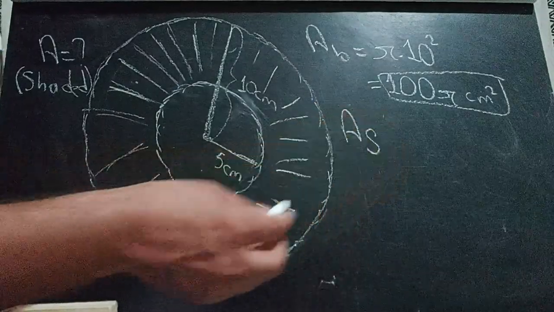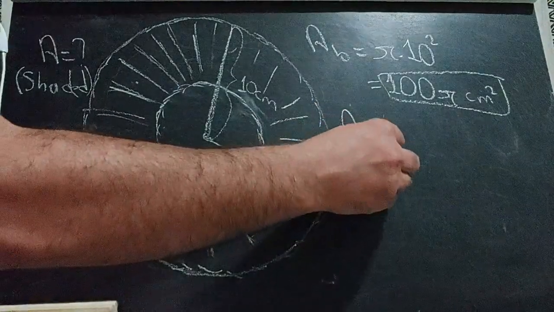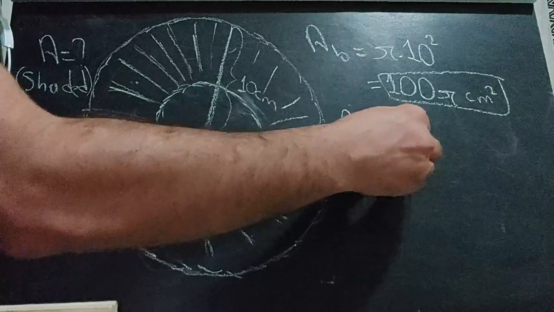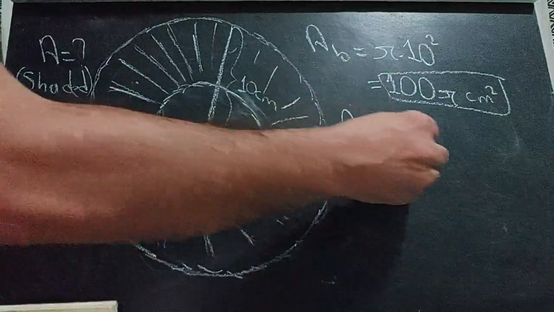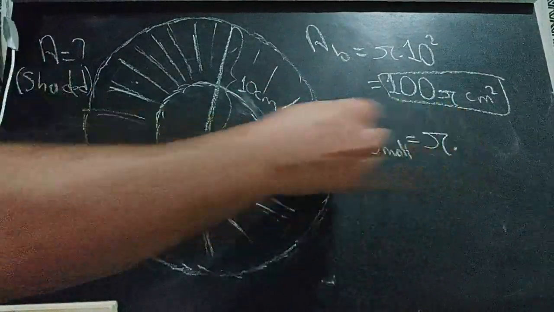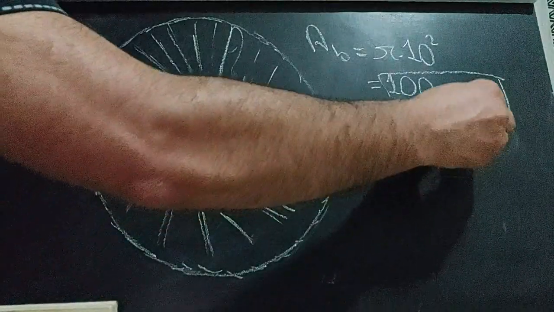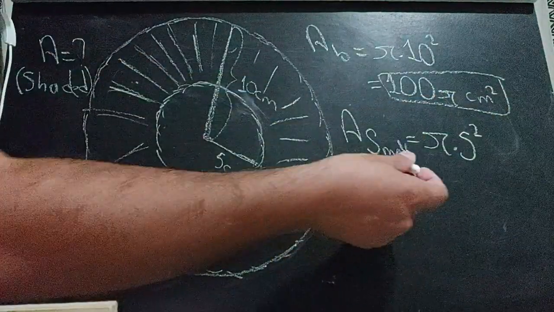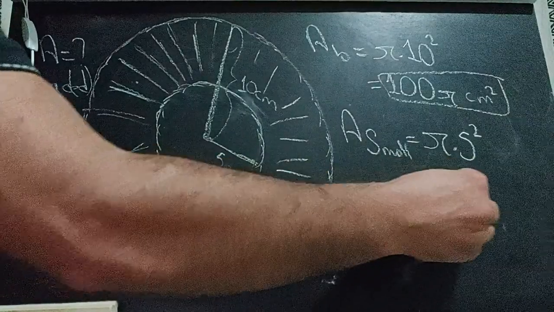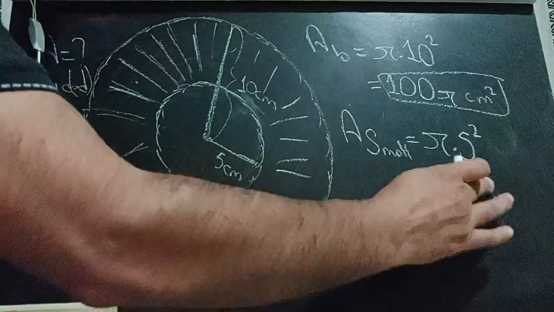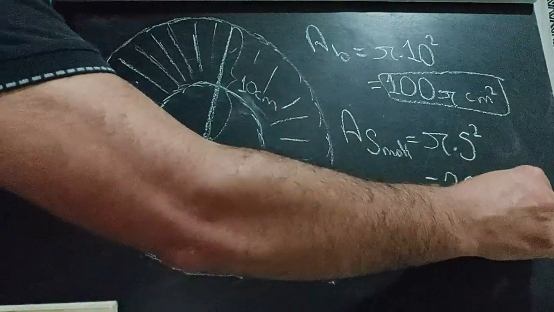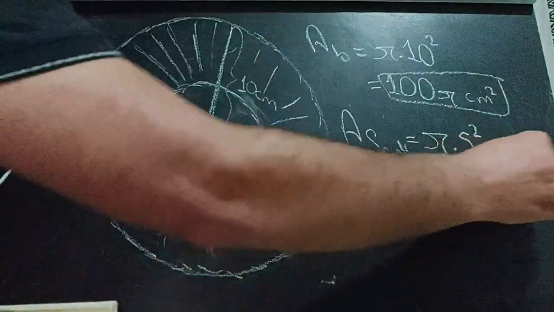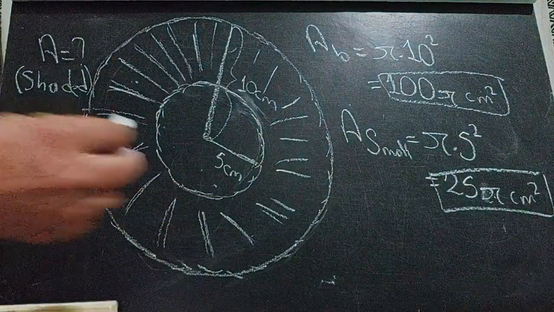Let's say area small, which is going to be pi times r squared, 5 squared, which is going to be 25 pi centimeter square.